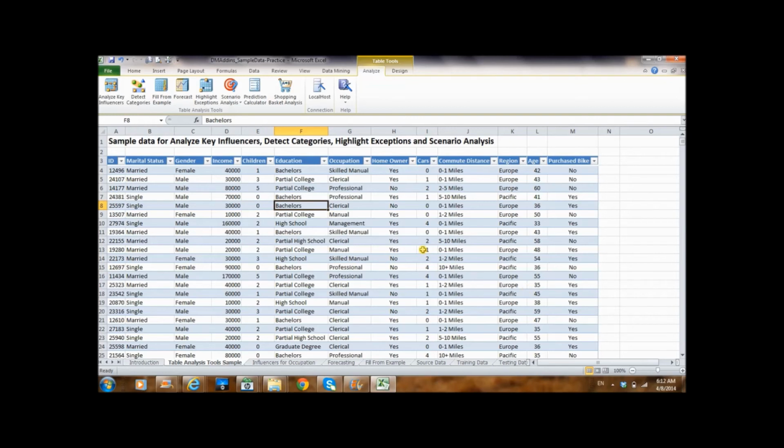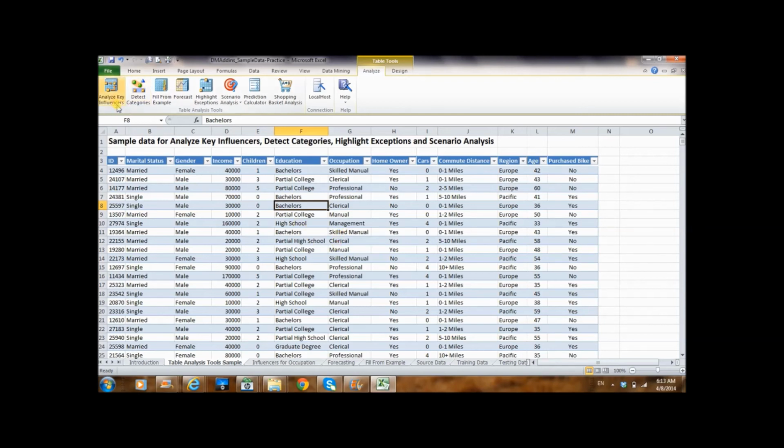That's a very important factor. You want to concentrate, or at least send promotional mails, to people who are more likely to buy bikes, right? Otherwise, you're wasting a lot of money.